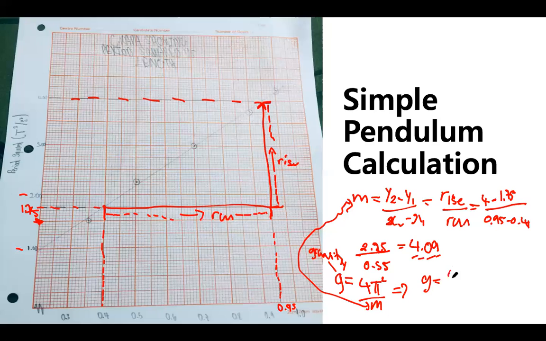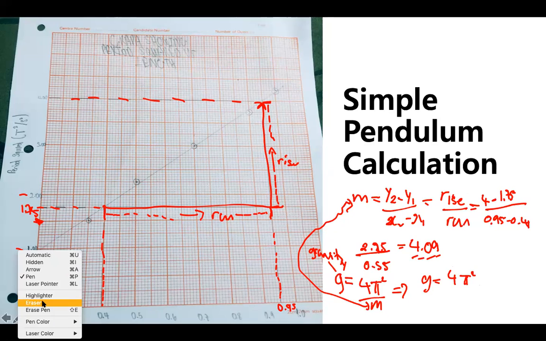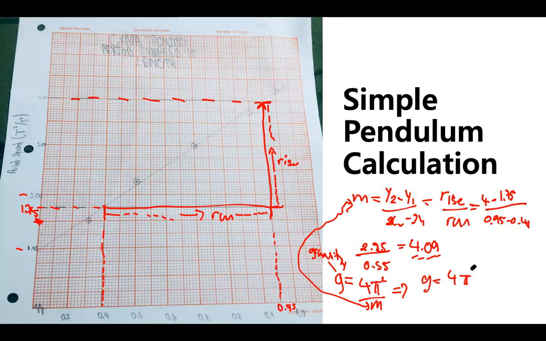So G equals 4 pi squared over m. Somebody square pi for me, please. What is the value for pi squared? 9.86. Please, if you're not understanding, I'm not going back over this again.